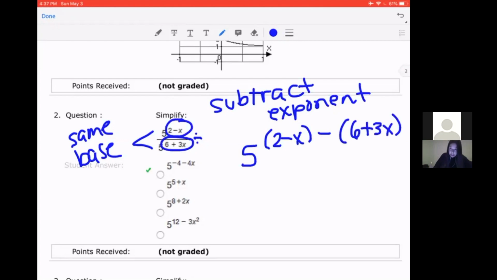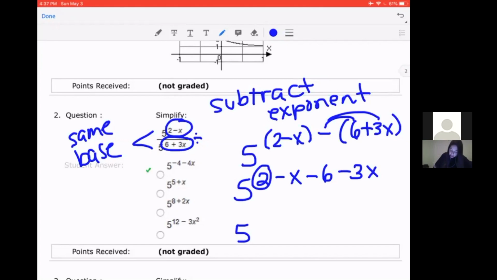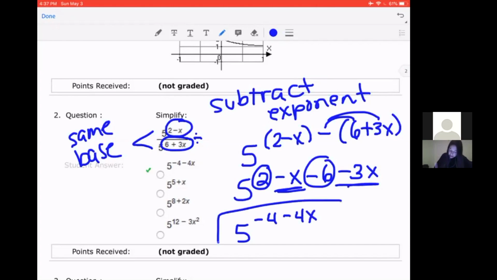And notice how I'm putting them in parentheses. So make sure we distribute. So I would have 5 to the 2 minus x minus 6 minus 3x. Now you just combine your like terms. 2 minus 6 gives me negative 4. Negative x minus 3x gives me negative 4x. And so that's how I get my answer. Okay, guys?